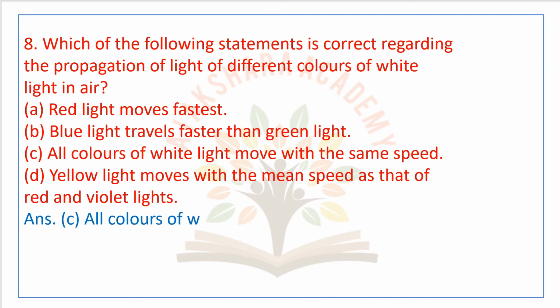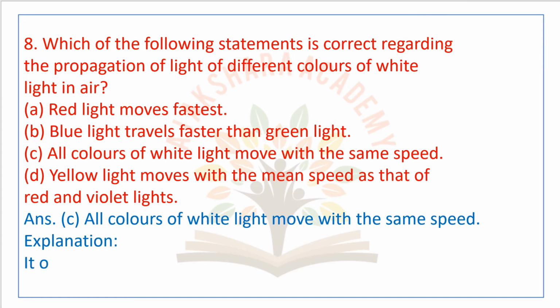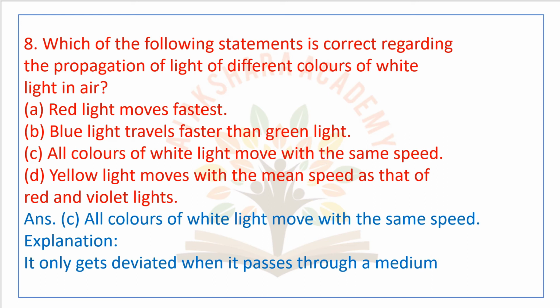Now let us discuss. All colors of white light move with the same speed because light only gets deviated when it passes through a medium. So that's why all colors of white light move with the same speed. Okay. Next.